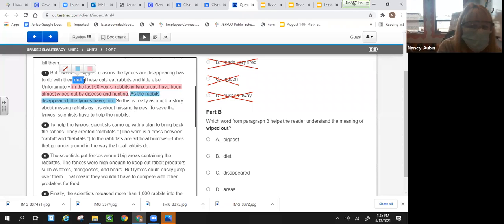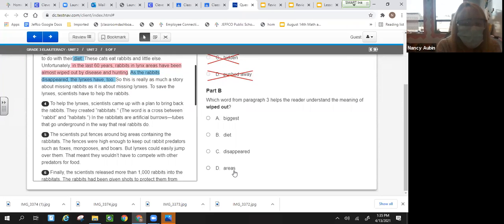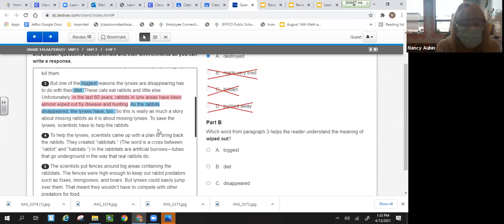So I can go back to the text and I can find where the word diet is. There it is. I can find the word biggest. There it is. I can find the word areas. Yeah, disappeared, I already highlighted, right? So there's all the words they're talking about.